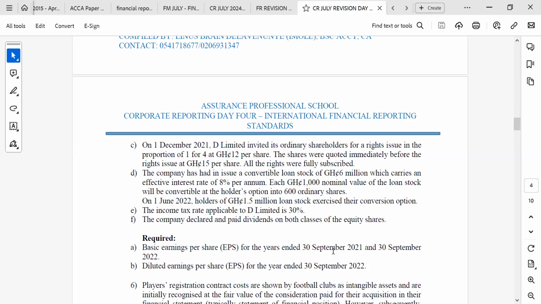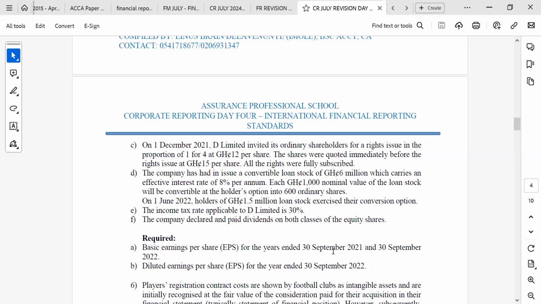The company has issued a convertible loan stock of 6 million, which carries an effective interest rate of 8% per annum. This is for diluted earnings per share. Each 1,000 nominal value of the loan stock will be convertible at the holder's option into what? 600 ordinary shares.